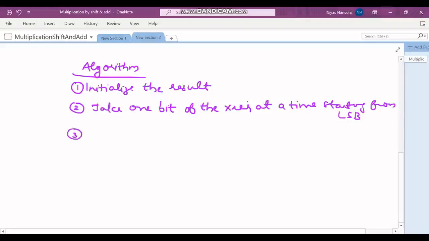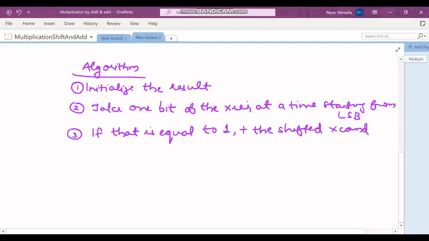So if that is equal to 1, add the shifted multiplicand with the current result, and this becomes the new result.